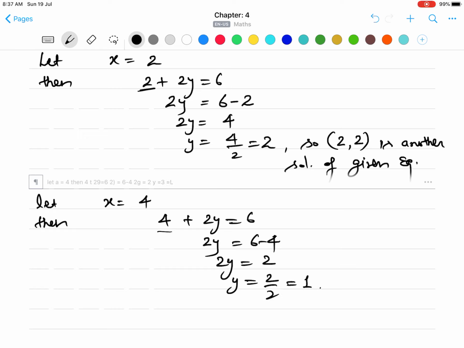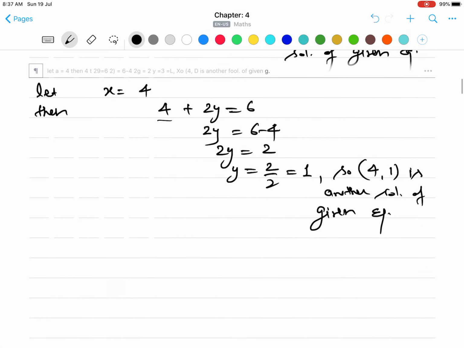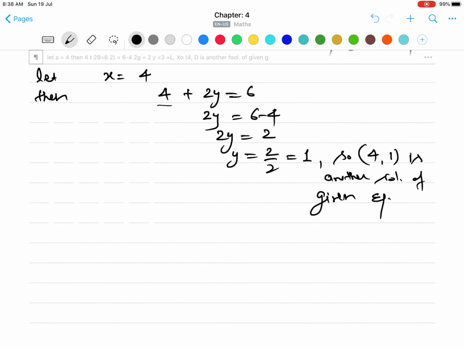So x equals 4 and y equals 1 is another solution of the given equation.